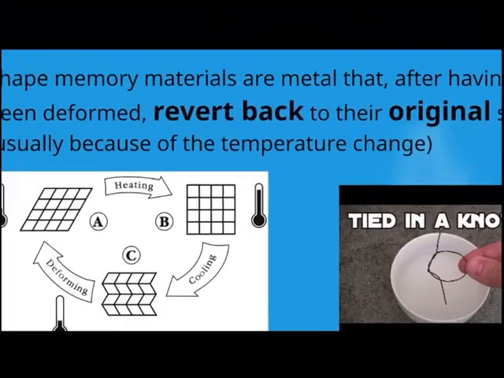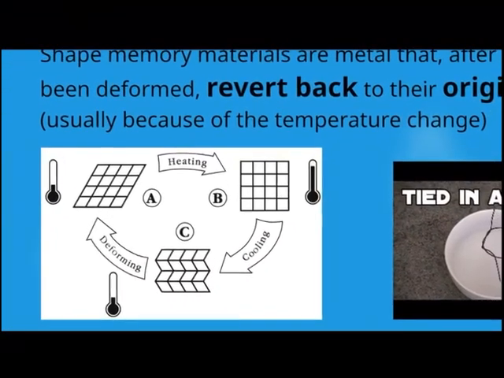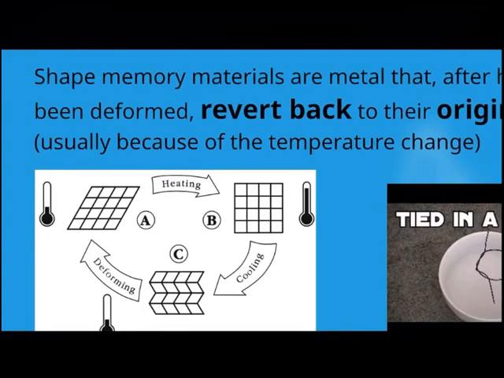If you see the picture here, if the material is heated, it will become like this, the B. And then if it is cooled, it becomes C. And then you deform it, apply force, and it will become A. So it will cycle throughout this process.